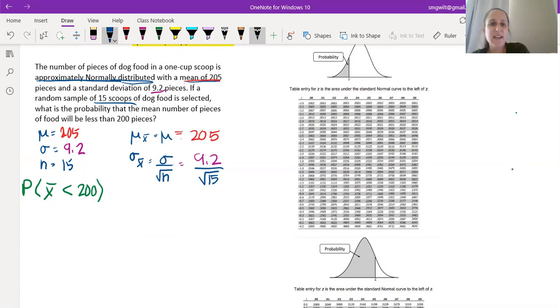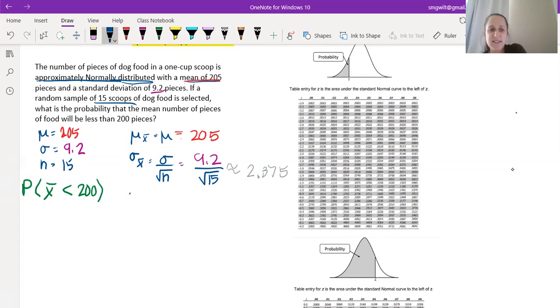And if I calculate that, that is approximately 2.375. And I'm just looking at these because I did the problems ahead of time. So you would be calculating them. Okay, so if I want to find the probability that x bar, the mean of my sample, is smaller than 200, then I need to convert that to a z-score and use the z-table to find my probability.